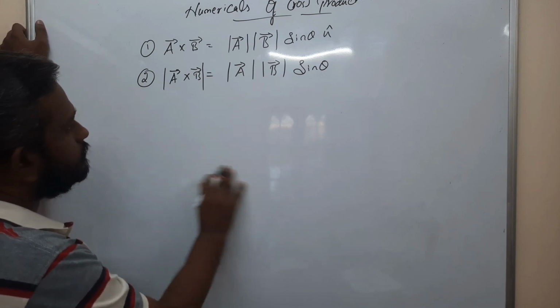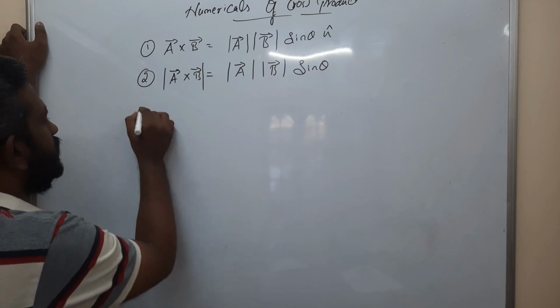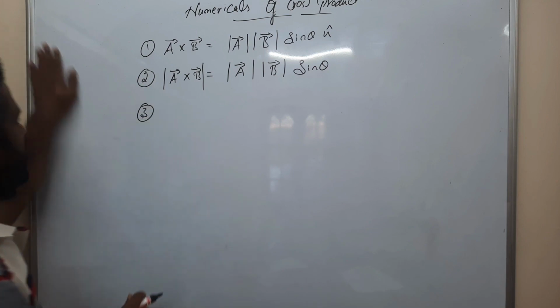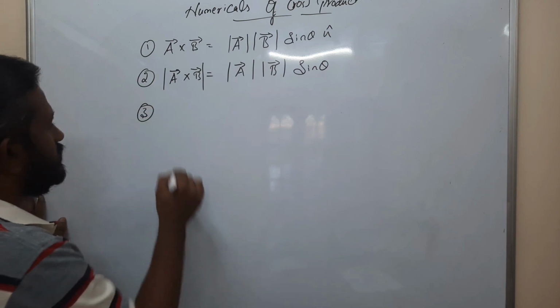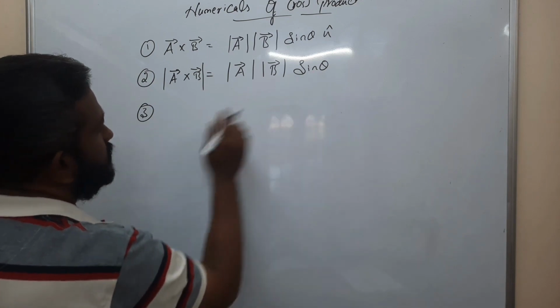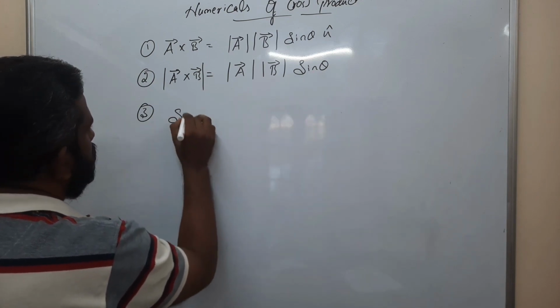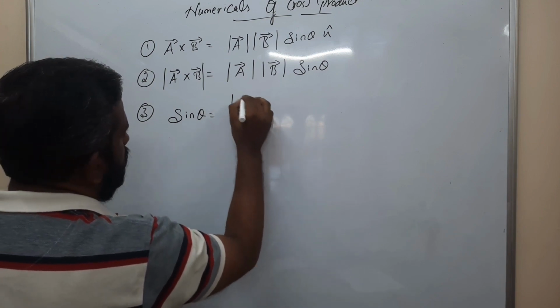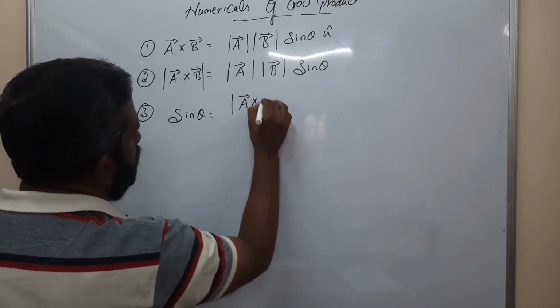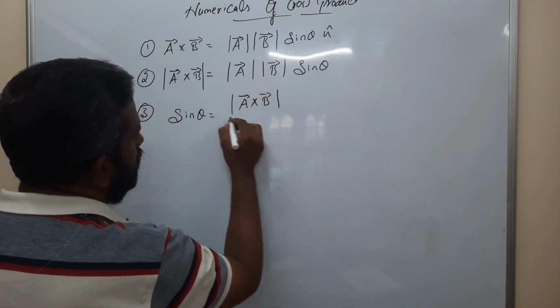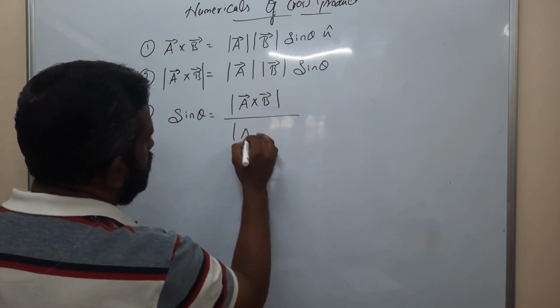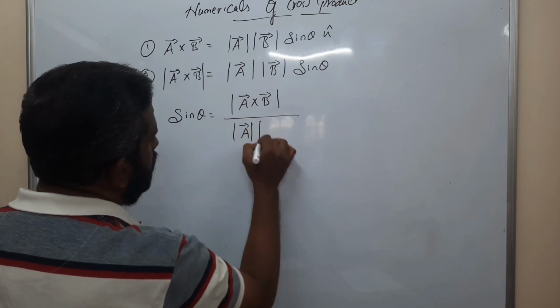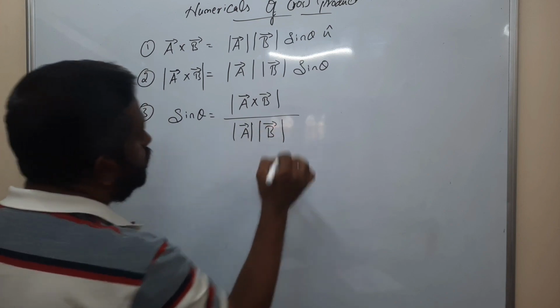So what is the sine of the angle between two vectors? From this, sin theta is equal to modulus of A vector cross B vector divided by modulus of A vector into modulus of B vector.